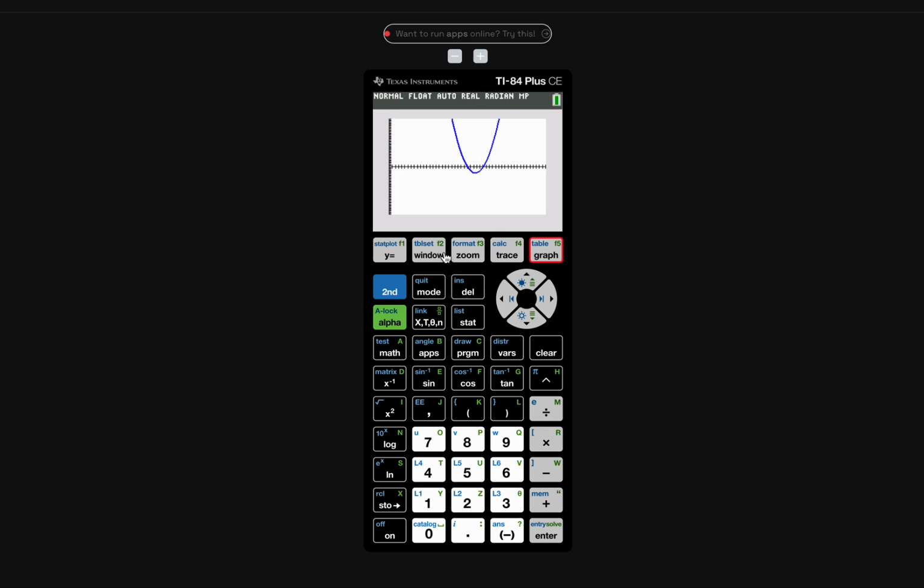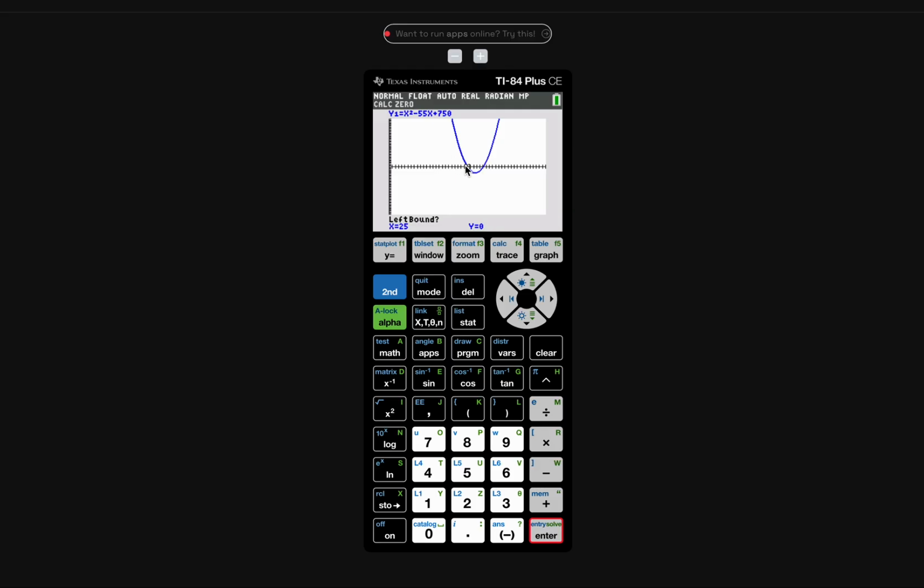So to find the zeros, we would hit second trace, and then we would go to 2, which is zero. So when it says left bound, first we pick one of these two zeros.